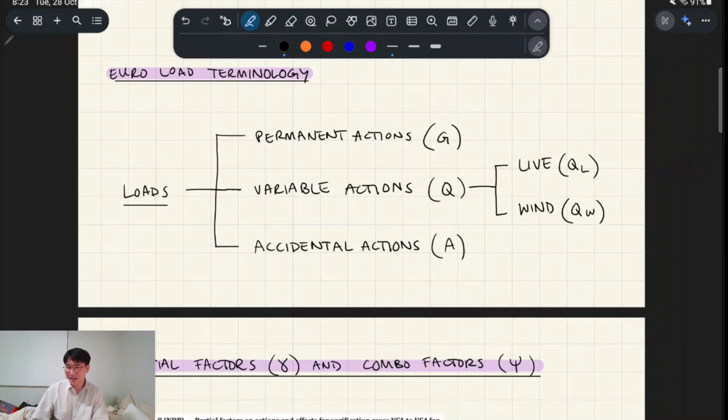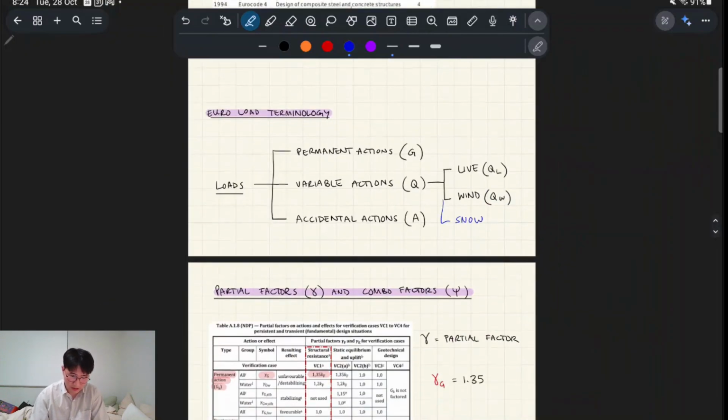Explosions might happen with something like a substation, where there's a lot of electrical black magic happening, and it overheats and could explode, right? So that's an explosion load. I should also mention that variable actions could also be snow. If snow piles up in a certain spot, that counts as a variable.